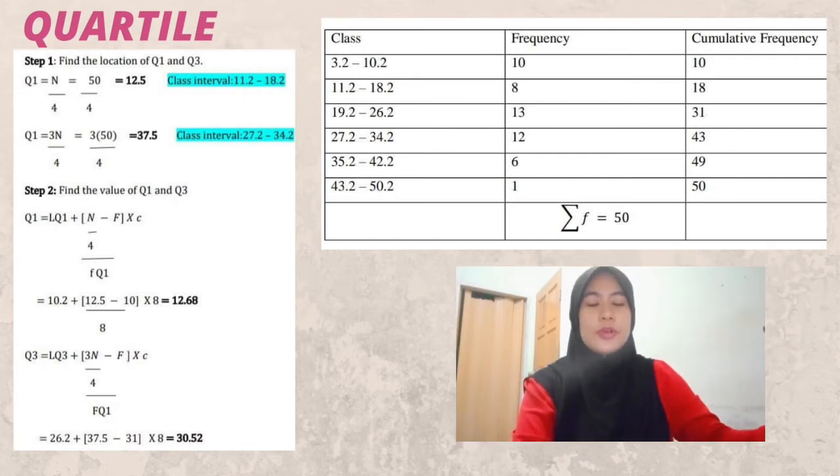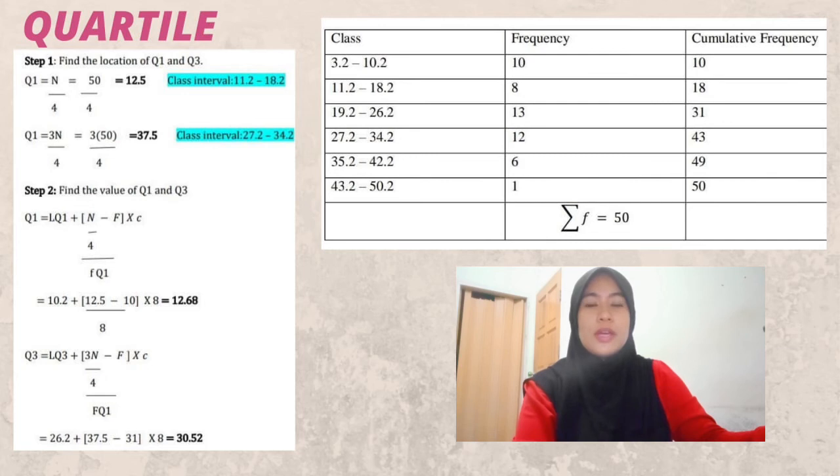Lastly is for quartile. As you can see, table for quartile is class, frequency, and cumulative frequency. I have provided how to calculate quartile. It has 2 steps. For step number 1, find the location of Q1 and Q3.